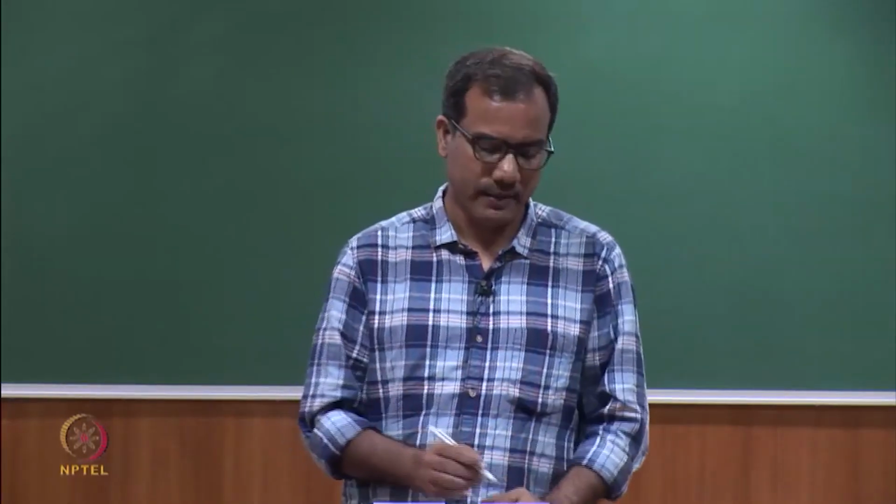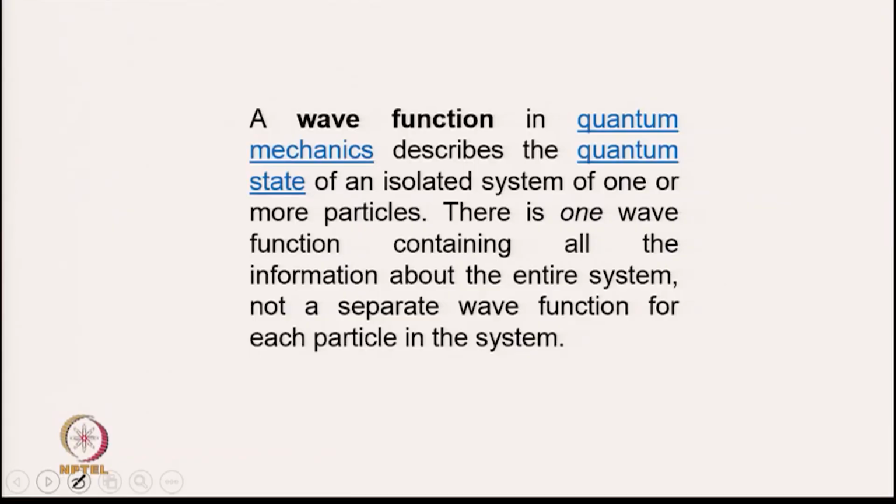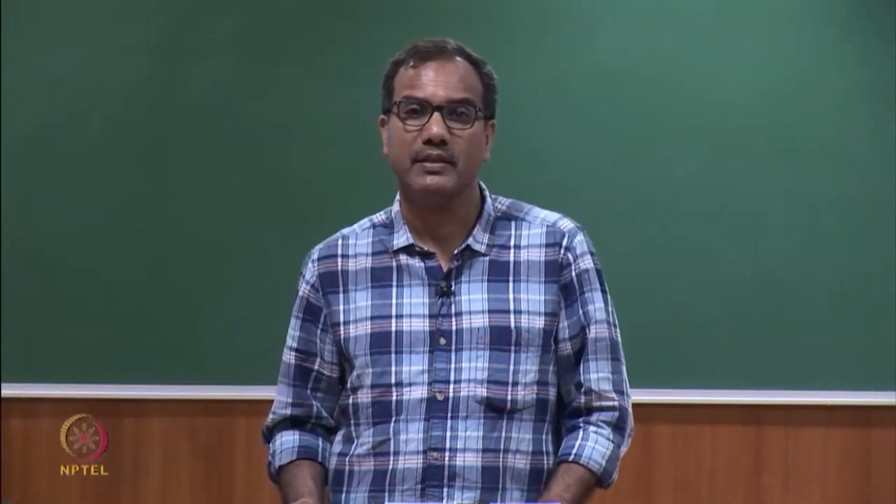So, basically the wave function describes the trajectory of microscopic particles. A wave function in quantum mechanics describes the quantum state of an isolated system of one or more particles. There is one wave function containing all the information about the entire system, not a separate wave function for each particle in the system. That is a very important part.